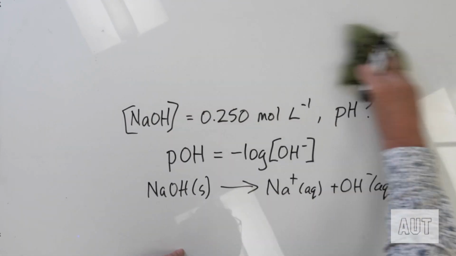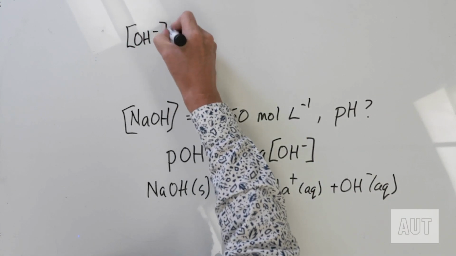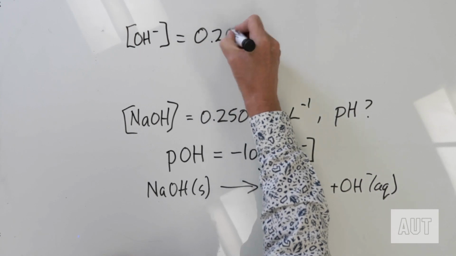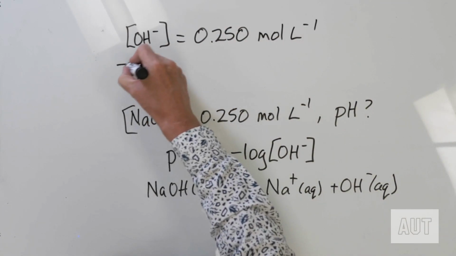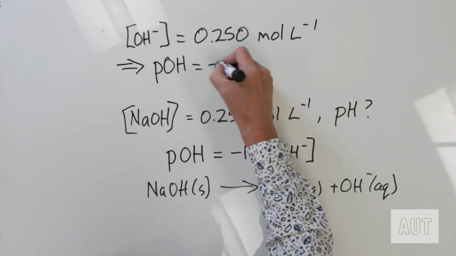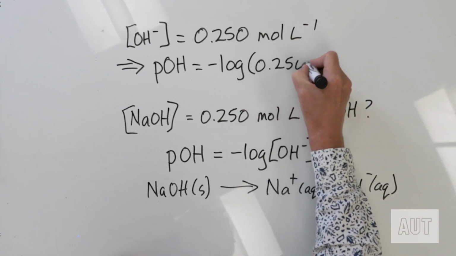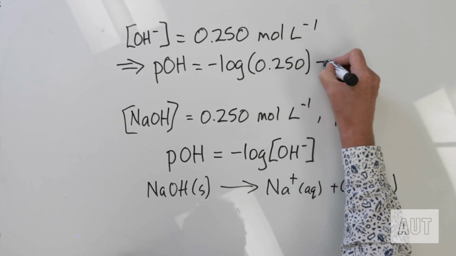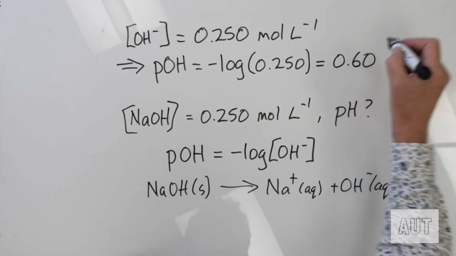So in this case, our OH- concentration equals 0.250 mole per litre. Therefore, our pOH is equal to the negative log of 0.250, and that is equal to 0.60. But that's not what the question asked.